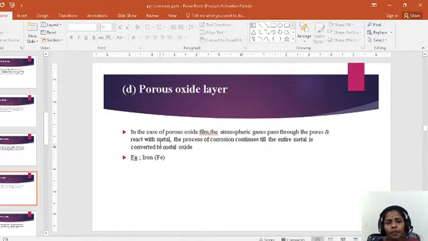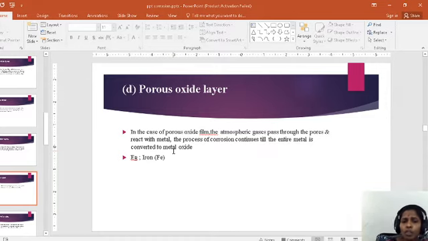Initially the metal is exposed to the oxygen and forms a porous oxide layer which has small pores, small holes. Through the holes, again the dust particles or the atmospheric gases react with the metal, and the process of corrosion continues till the entire metal is converted to metal oxide.